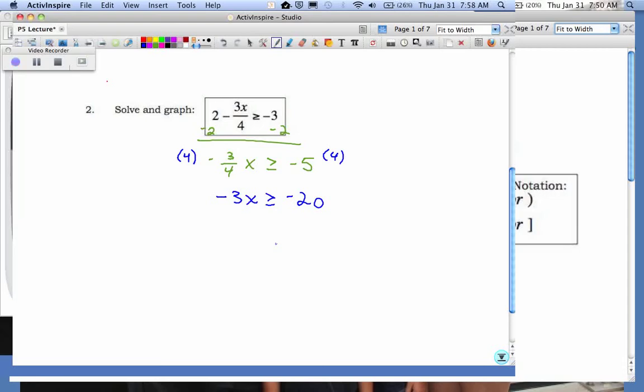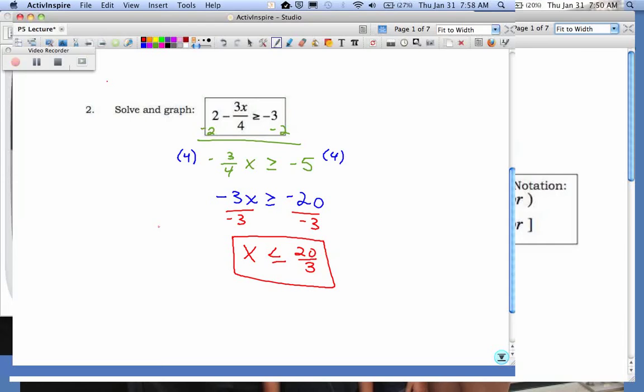What else? Divide by the negative 3. 20 divided by 3, 6 2/3, if you want to go to that. Why does the sign switch? Because we divided by a negative.